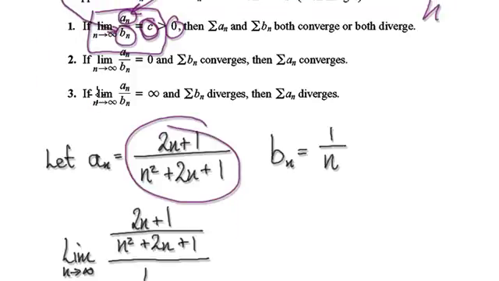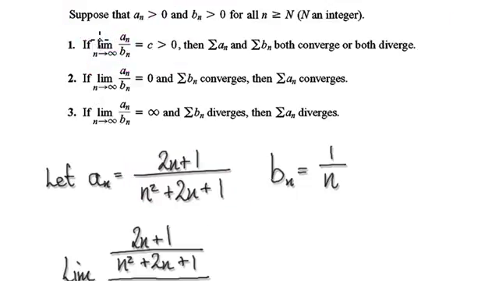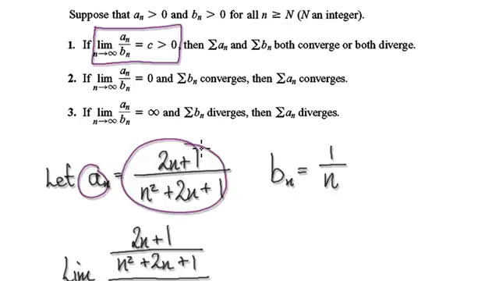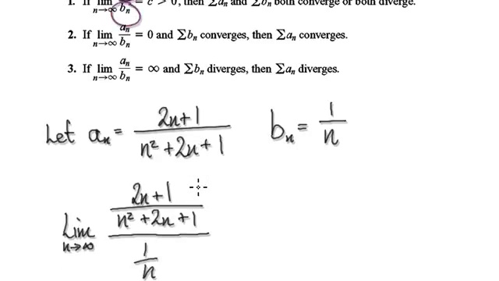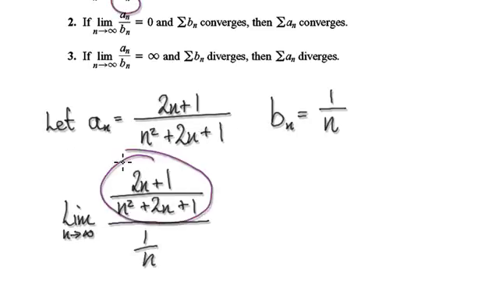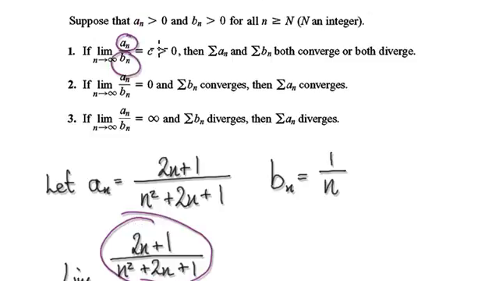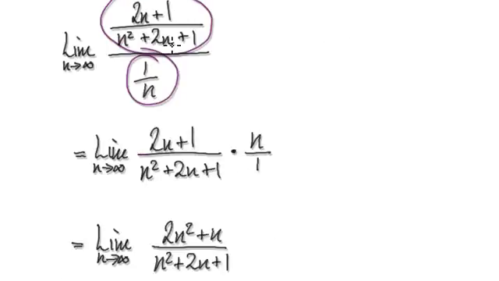So now we are going to check this. Looking at this, an divided by bn, does this come to a number bigger than 0? So let's check it.